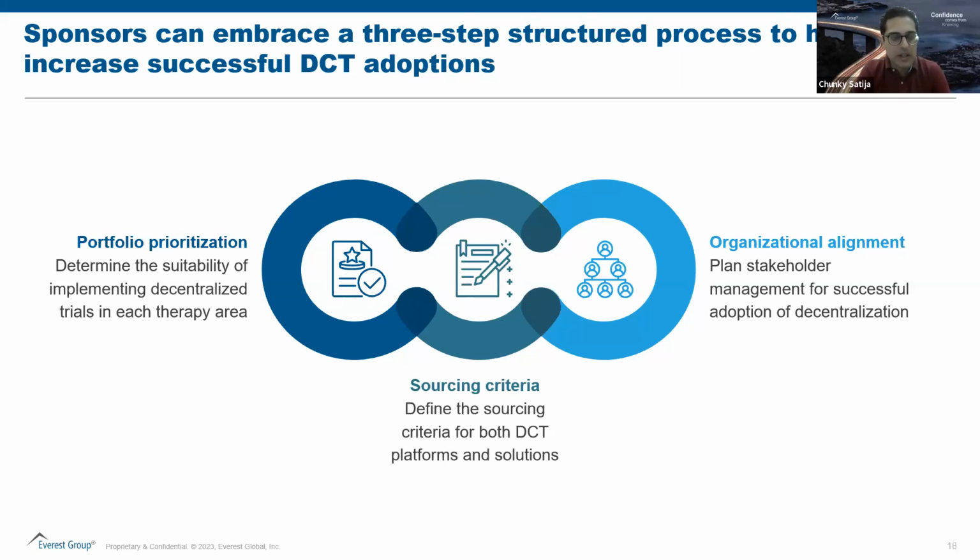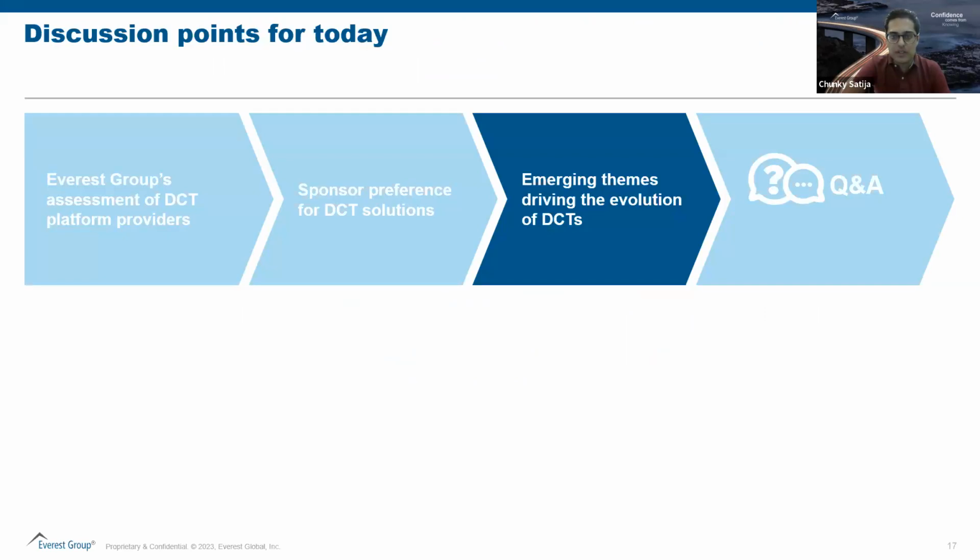So they need a lot of help in determining which trials are fit for this, and what decentralized clinical trial technology they should be using across those, because as you mentioned, there's a huge degree of variance from one therapy area to the other. So the solution or the prioritization would look very different from one therapy area compared to the other. Let's move on to the last section before we do the Q&A.